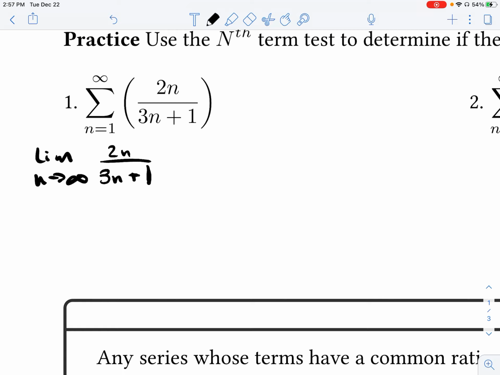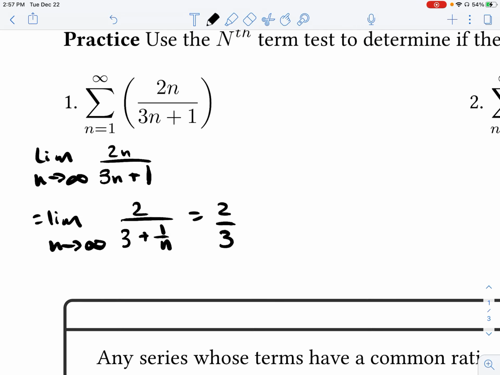I can rewrite this to see the limit: if I divide both the numerator and all the terms in the denominator by n, this is equal to 2/3.